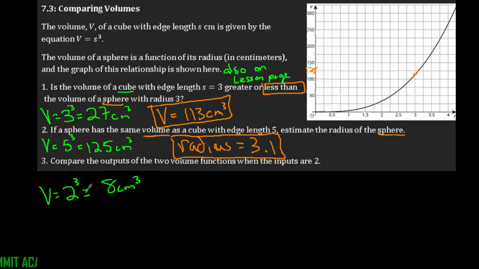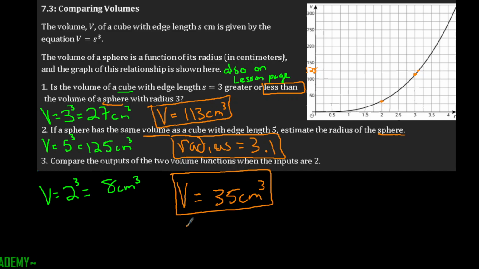And then we're going to find on our x-axis we have 2, so we're going to have this point about right here because our radius is 2. And so the volume of the sphere is going to be about 35 centimeters cubed.